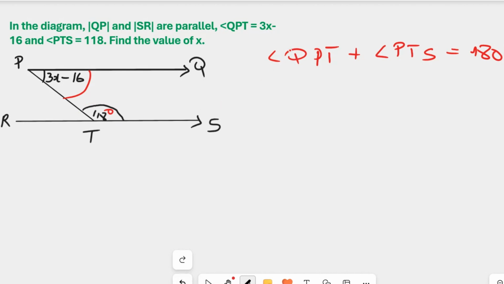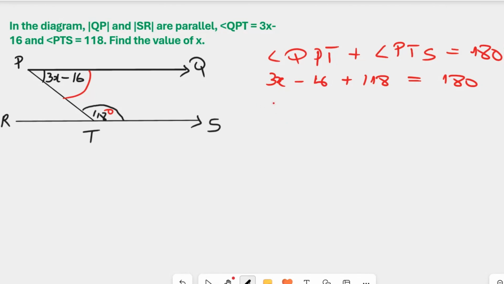And the QPT is this one. That is 3x minus 16 plus angle PTS, that is 118 degrees, which is equal to 180. So we've got to collect terms, and they have been collected already.